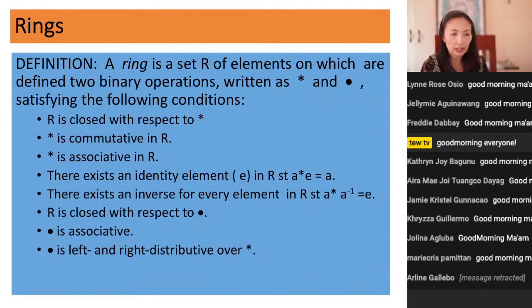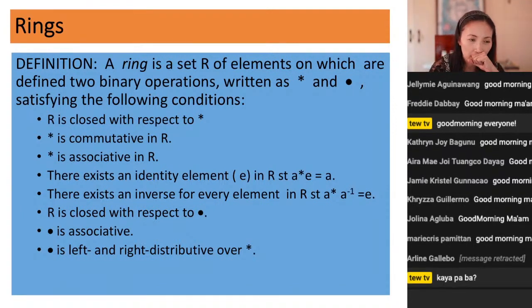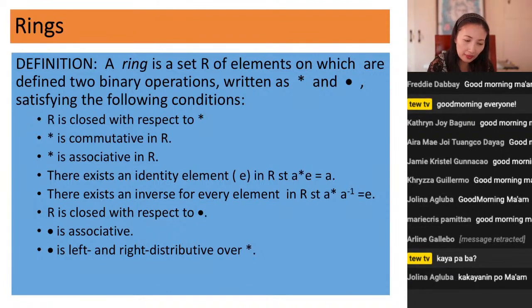Last for this morning. Kaya nyo pa? What time is it? 12:16. Kaya pa ba? Last na to, rings. Sige, kaya pa or stop na?